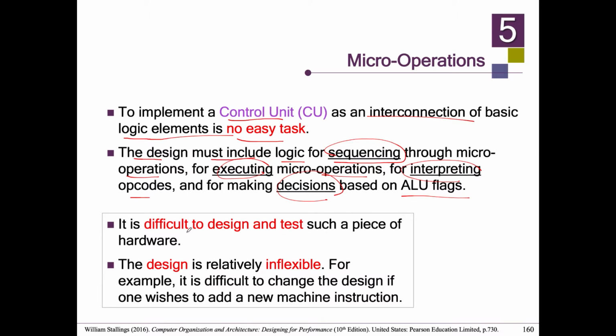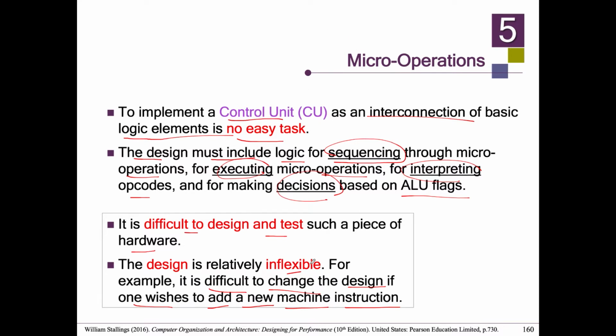It is difficult to design and test just a piece of hardware. Of course, if you have short wires, sometimes you can burn your circuit. The design is relatively inflexible. For example, it is difficult to change the design if one wishes to add a new machine instruction.